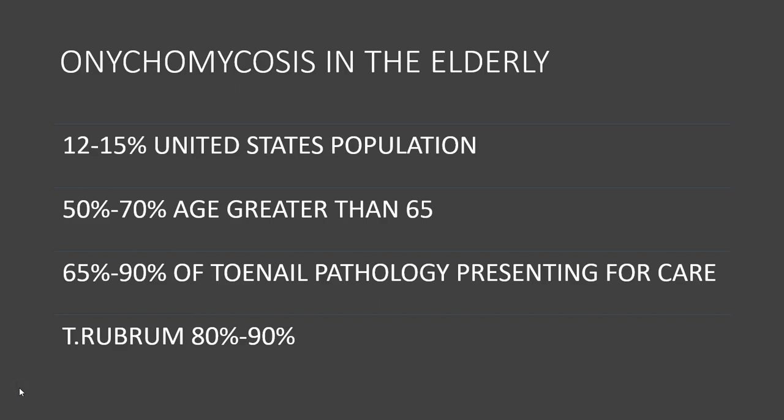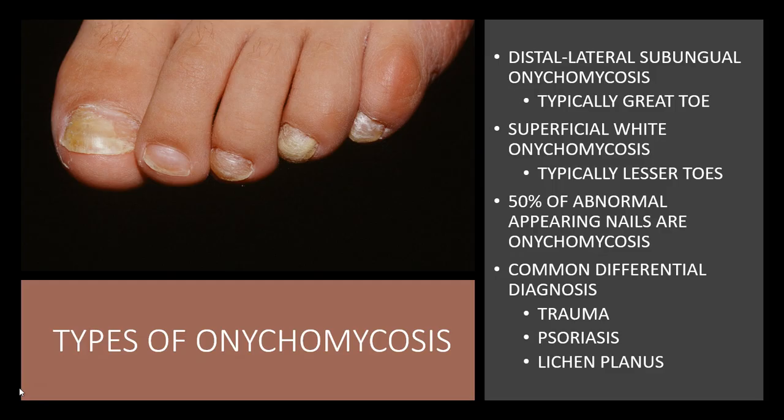It's been suggested that it can affect between 50 and 70% of patients over the age of 65. However, if we look at patients who actually go to the office of a provider for the evaluation of a toenail problem thought to be fungus, as many as 90% of patients will in fact demonstrate onychomycosis, with T. rubrum overwhelmingly the most common infecting organism.